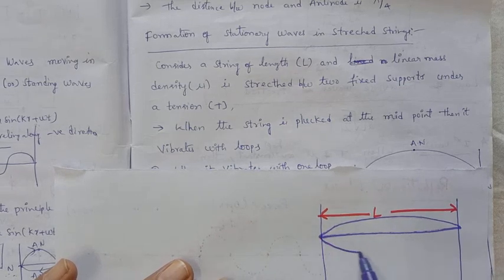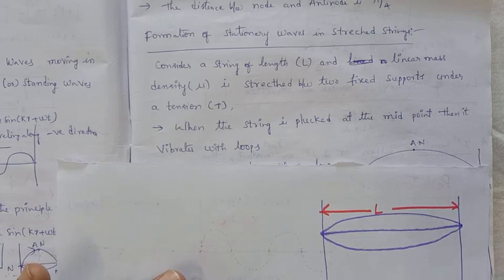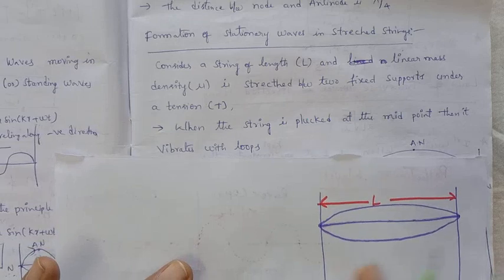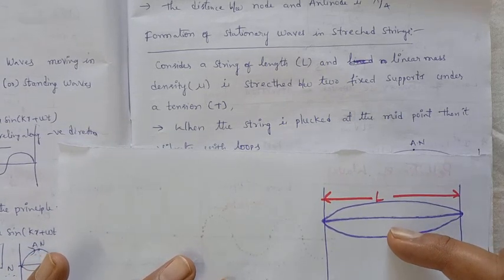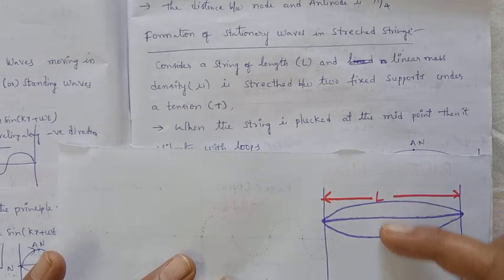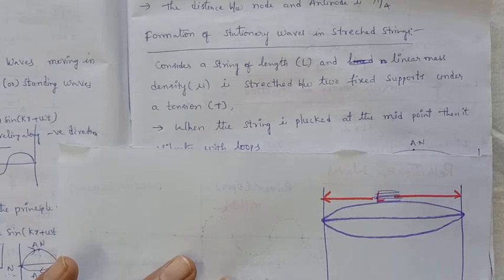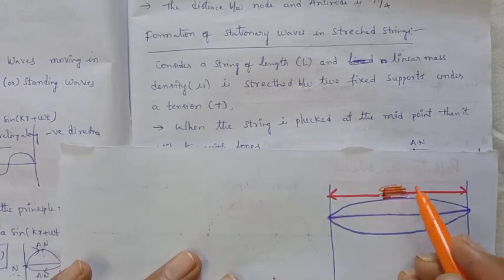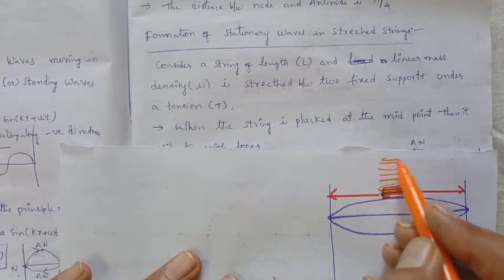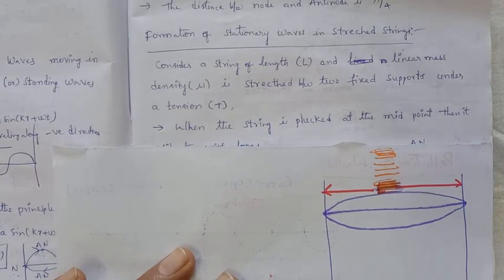When you pluck it, the medium, which is generally in normal mode, is pushed up by the string, and the upper medium becomes compressed. At this point the medium will be compressed, and then rarefactions, compressions and rarefactions, like that we get the sound.